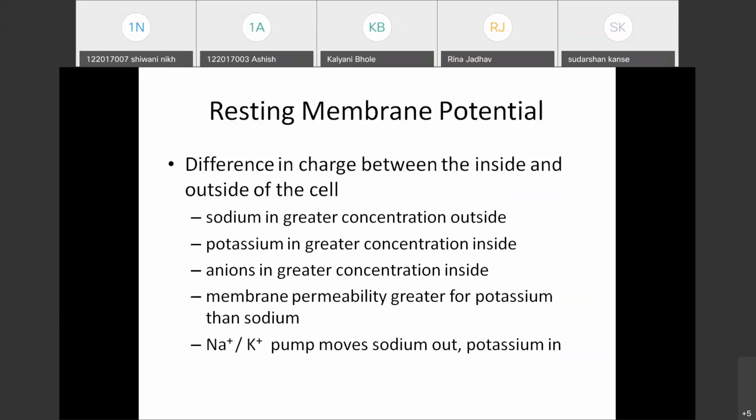This is how the negative potential inside the cell is maintained. And how does it pump to the positive one and then come back to the original one? This whole process is called the action potential. So let us see this with an animation. I'll just stop sharing this.